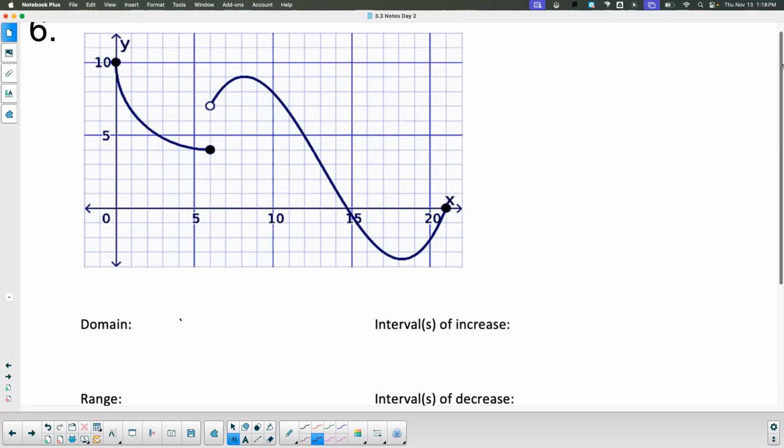So, let's talk domain now. Bracket 0, comma, 21, bracket. Okay? Let's talk range.